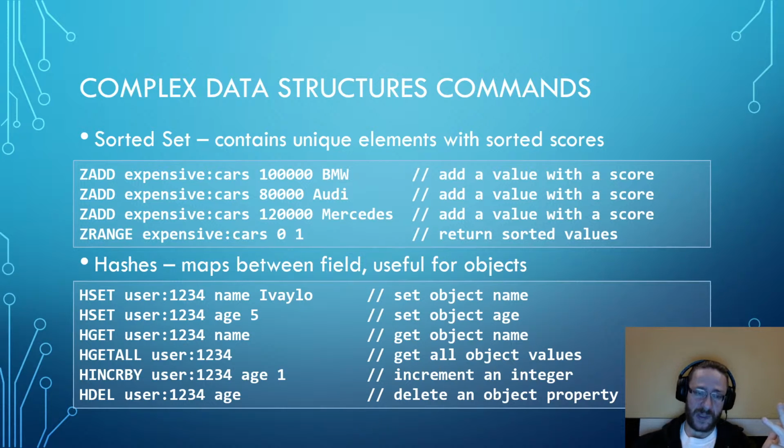So the difference between the set and the sorted set is that the sorted set has an additional value which sorts the data. And finally, we have a hash. A hash is essentially a data structure which is useful for objects. And you can store multiple properties for each hash.